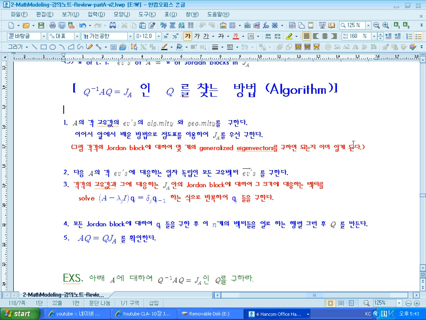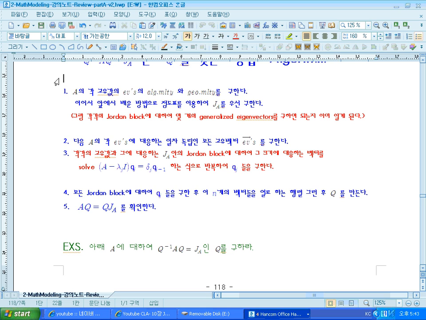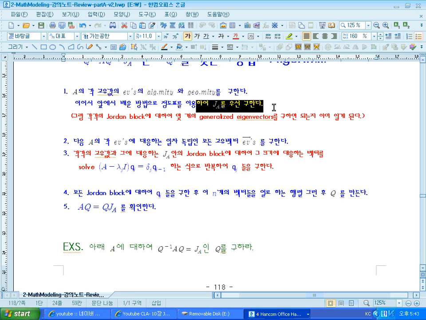Okay, if we rewrite the algorithm, first find the algebraic and the geometric multiplicity of the eigenvalues of the given matrix. Then we find the Jordan canonical form. For each Jordan block for the corresponding eigenvalue, we have a clear view of the structure of the Jordan canonical form of A. We concentrate on each Jordan block; we know exactly the size, the lambdas on the diagonal, and the super diagonal entries as well.